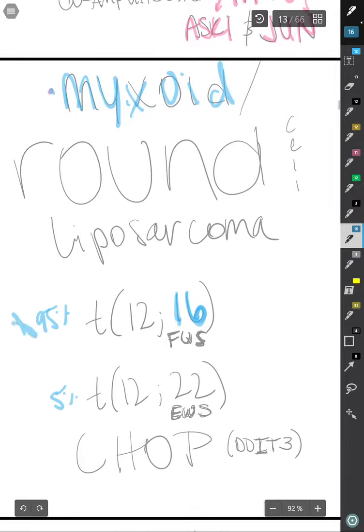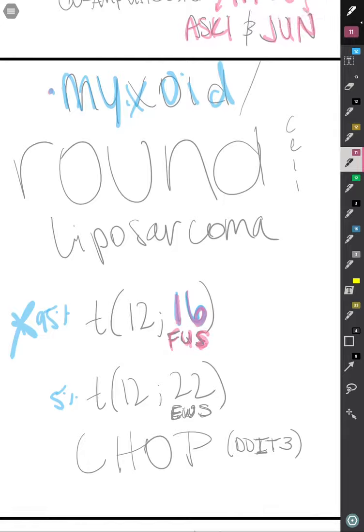So the big one to note is this 12;16. This is the 16, and FUS is the gene that it's associated with. I like to think of a fussy 16-year-old really wanting to drive a car or something.